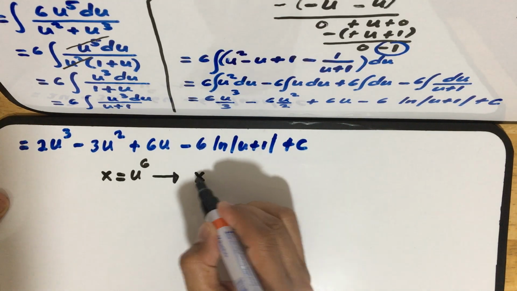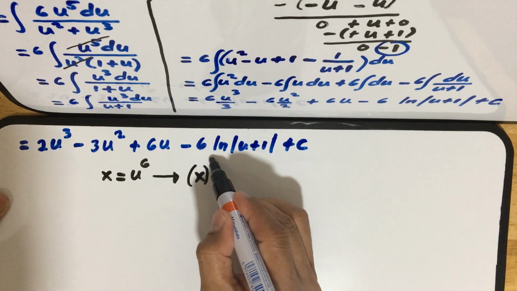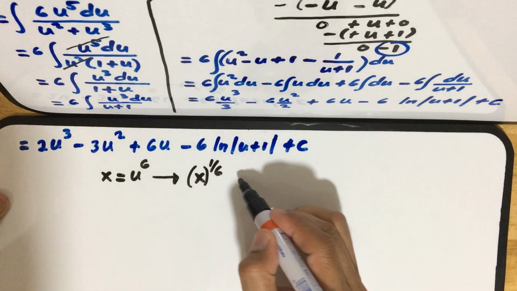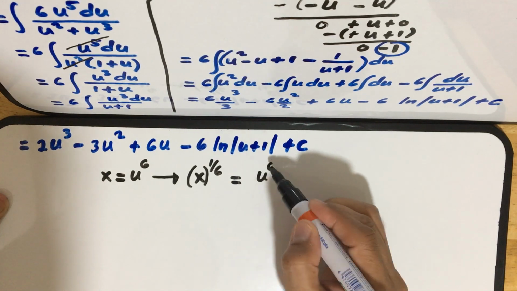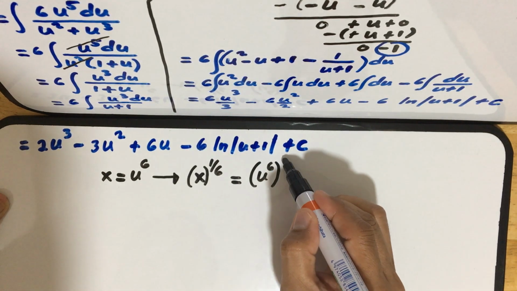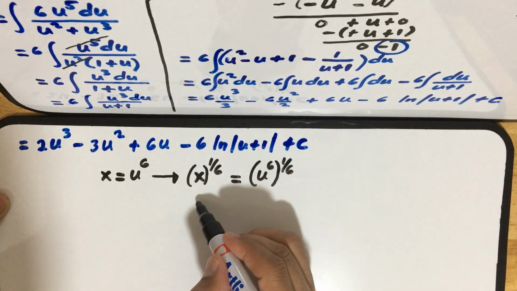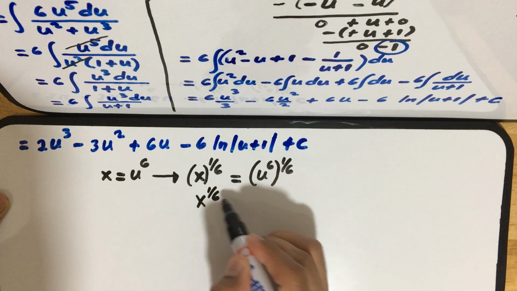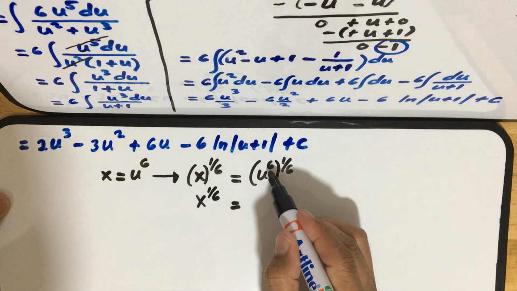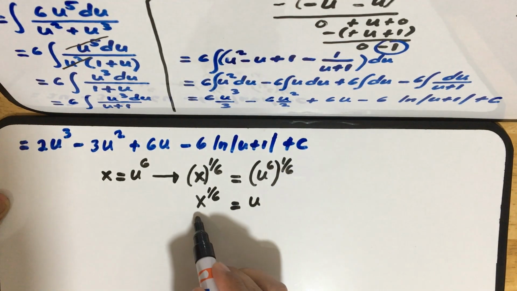So x raised to the power 1 over 6, and do the same on the right side: u to the power 6, then raised to the power 1 over 6. So we have x to the 1 over 6 equal to u, since 6 times 1 over 6 is equal to 1. So this is now our u.